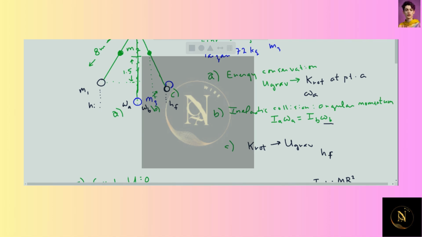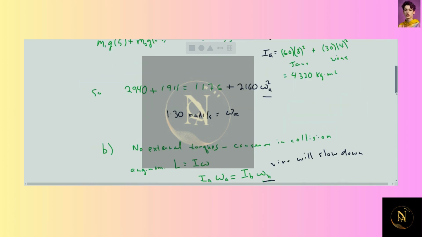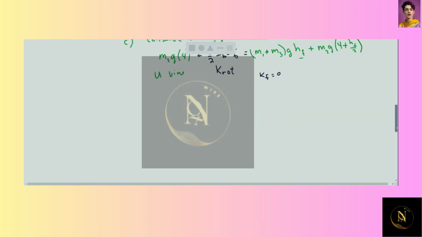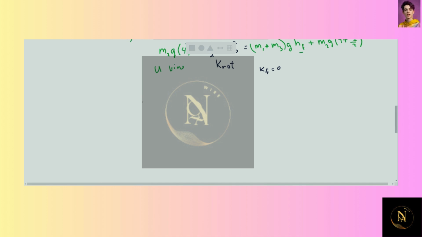Let me make sure that that makes some sense. Okay, so I'll just draw a picture to kind of convince myself that that's true. So it started off half the length, 4 meters.